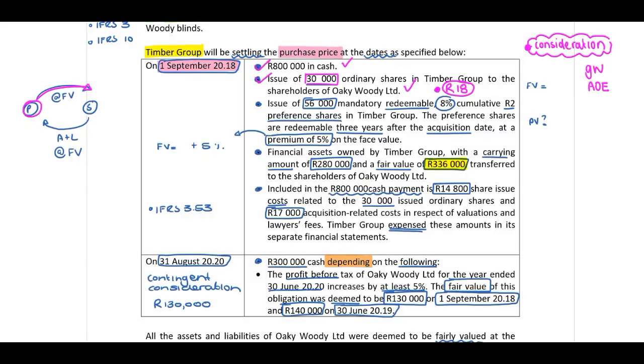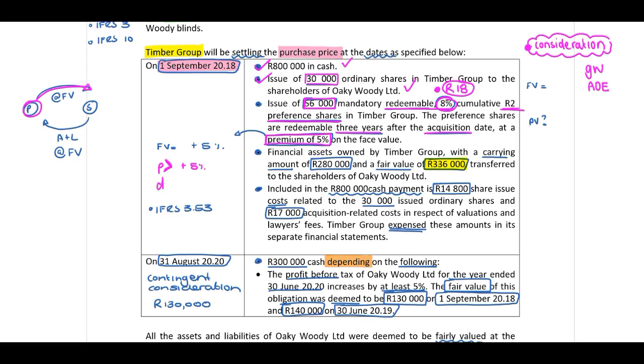Third bullet point, the issue of 56,000 mandatory redeemable 8% cumulative 2 Rand preference shares in Timber Group. The preference shares are redeemable 3 years after acquisition date at a premium of 5% on the face value. Now guys, the way that I remember premium, and I include this bigger, therefore add 5%.